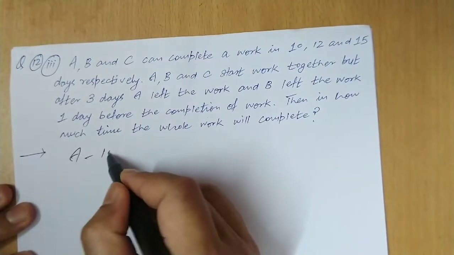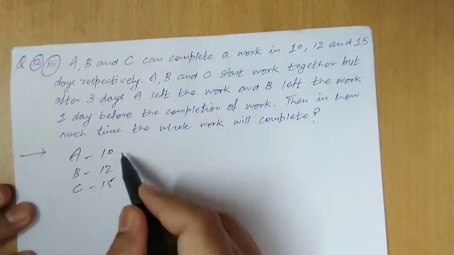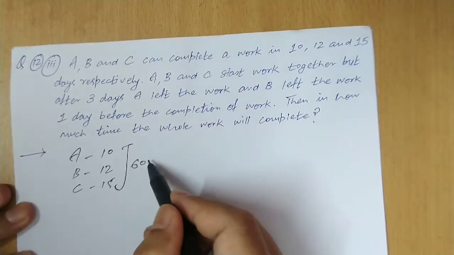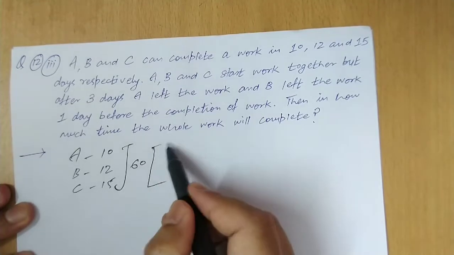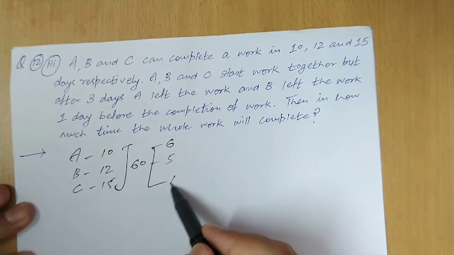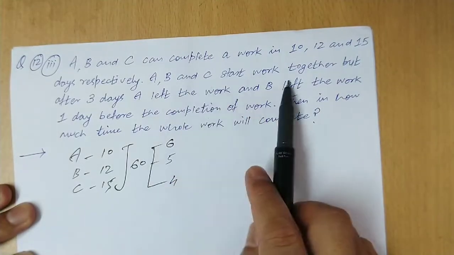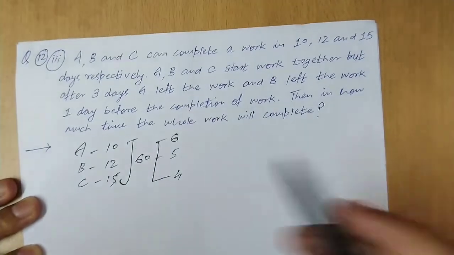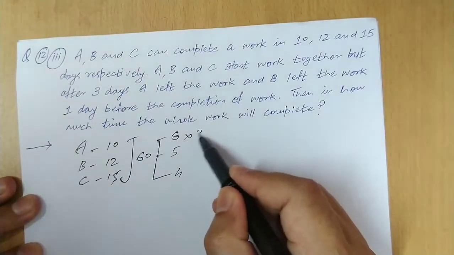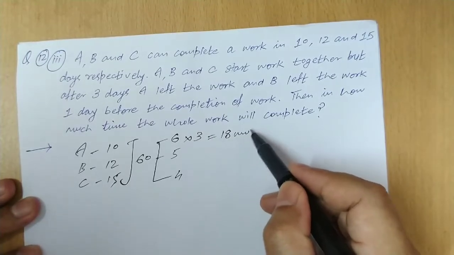A completes in 10 days, B in 12, C in 15 days. We'll take the LCM, which is 60. Our efficiencies are 6, 5 and 4. So in this question, they start the work together, but after 3 days A left the work. So A works for 3 days and A completes 18 units of work.